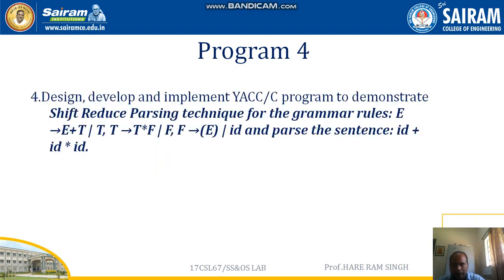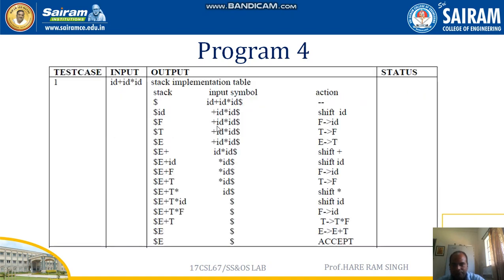Here E tends to E plus T or T, so T can be reduced to E. The input is the same, plus ID into ID dollar. Till here these three are reduce actions, and the first one is a shift action.